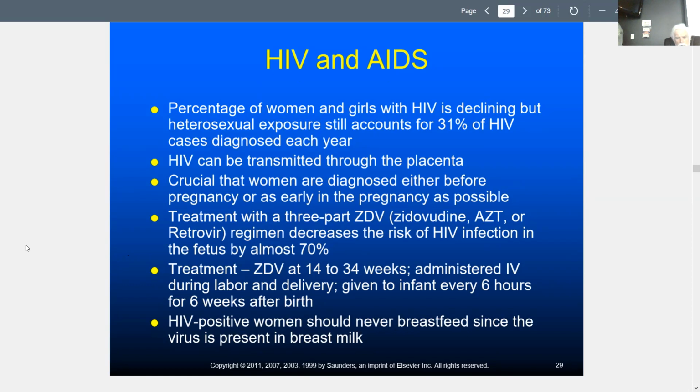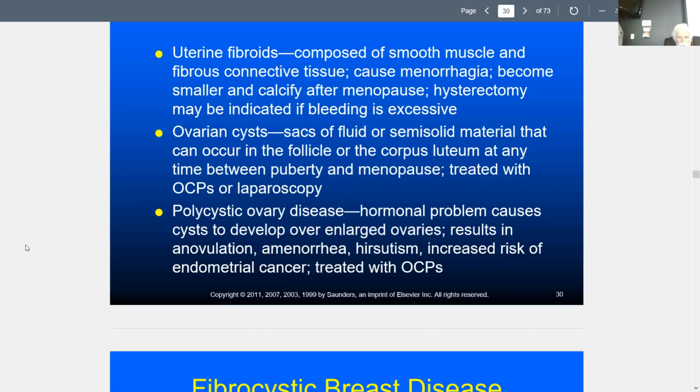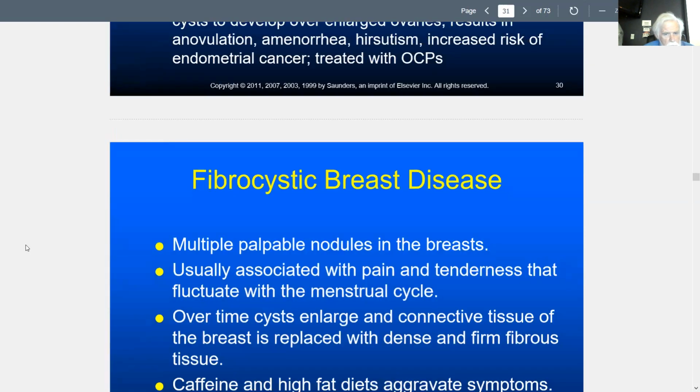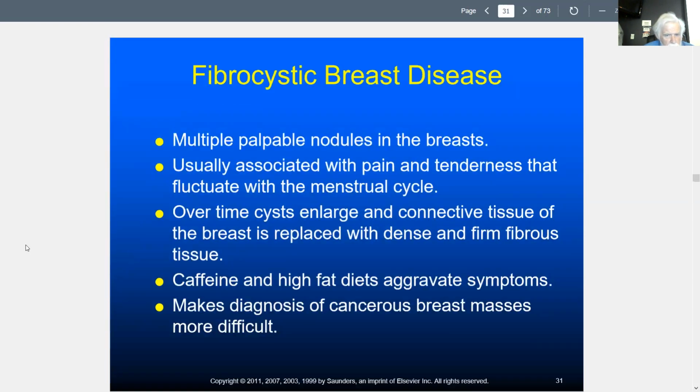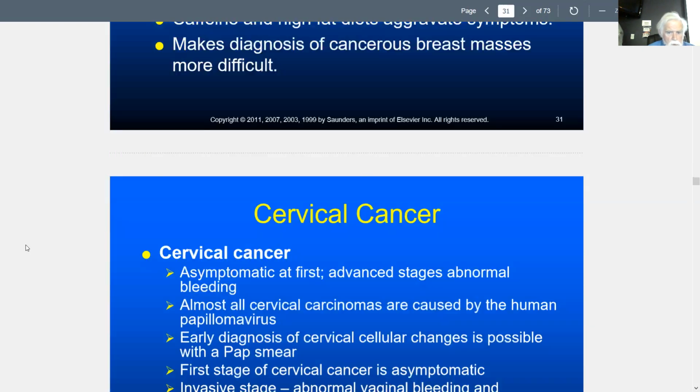Won't go into the politics and the long and incredible story of AIDS, but other problems of tumors, various forms of cysts and tumors. We got polycystic ovarian syndrome, PCOS. There are lots of ways of treating those, and everyone is different. Fibrocystic breast disease makes actually diagnosing breast cancer difficult. So we want to be careful of that.